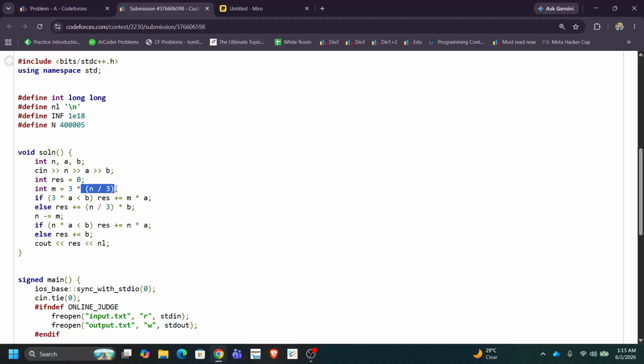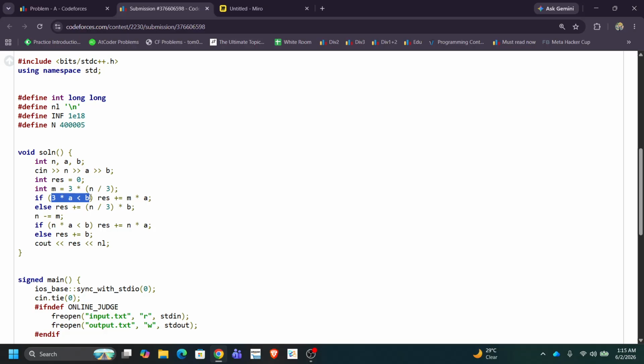Here m is how many students can be grouped into blocks of 3. So there are a total of m students which can be grouped by 3.